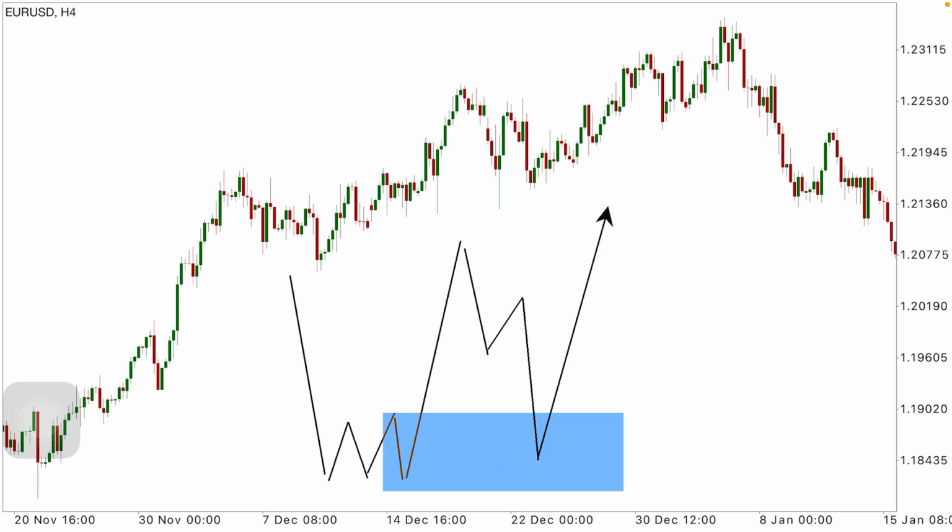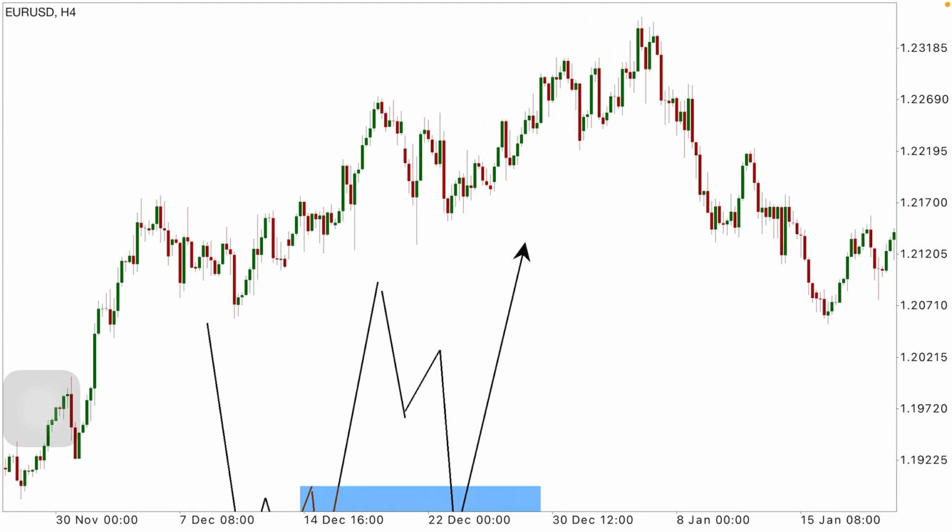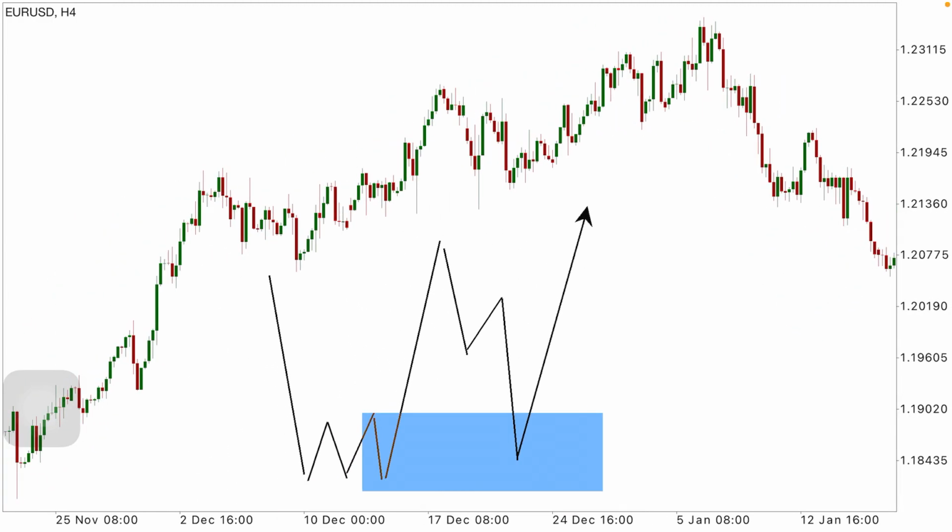So this is a drop base rally demand zone, and from here we take a buy trade. We can either use the limit order entry method or the confirmation entry method. For the confirmation entry method, I've made a video on that, and I'm going to link it in the description box of this video.